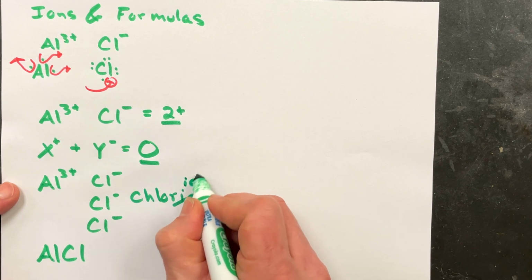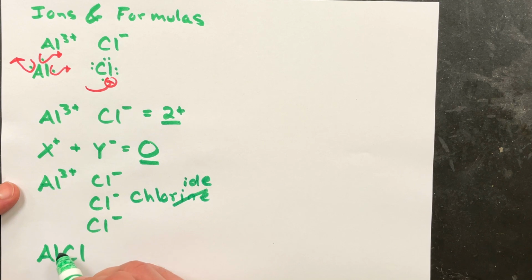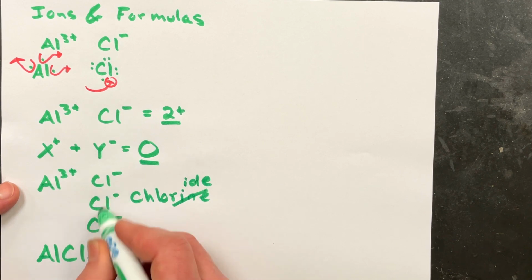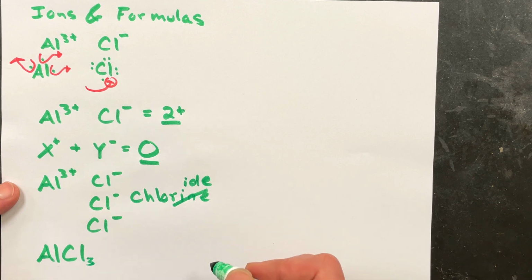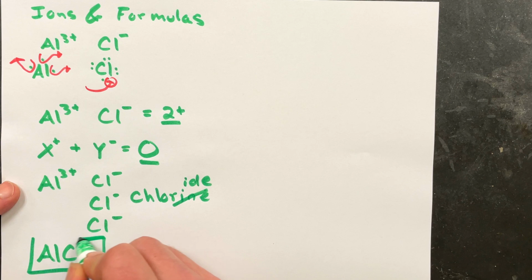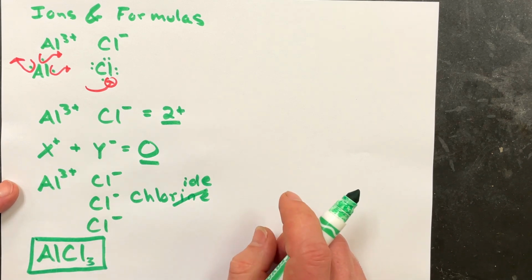Drop the ending, add the "ide." The aluminum becomes aluminum chloride, and there are 1, 2, 3 of them right there. This would be our final aluminum chloride ionic compound.